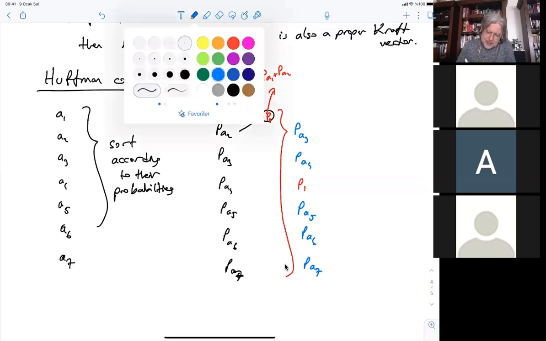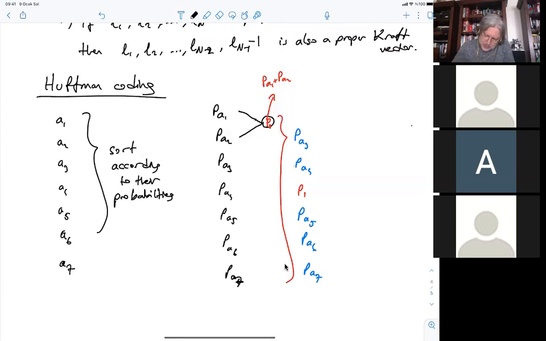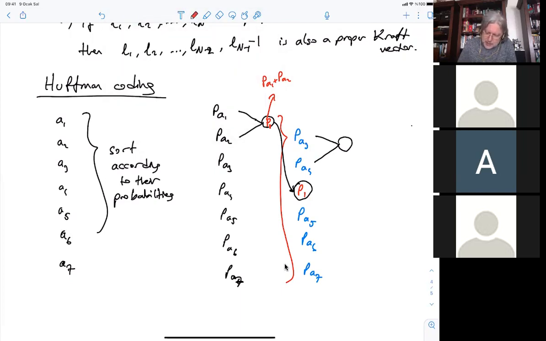Essentially, it's the same as this one. P1 came to here. And now I have to merge the two least probable things, which are, according to this illustration, PA3 and PA4, which will generate something else. And that something else I will call P2.